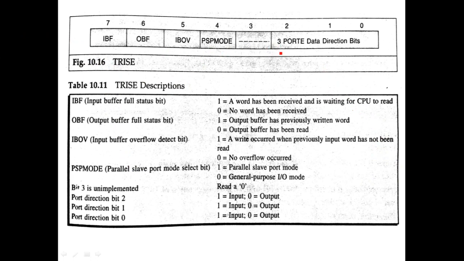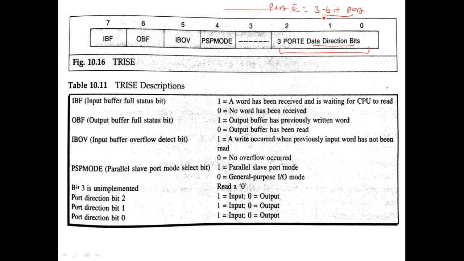The lowest 3 bits are used as data direction bits for port E, because port E is a 3-bit port.